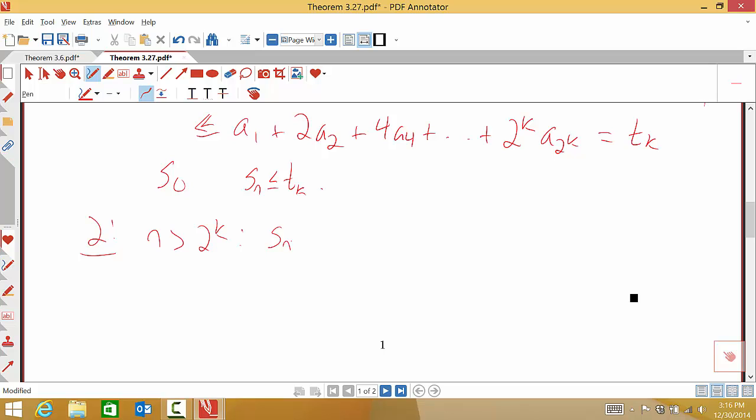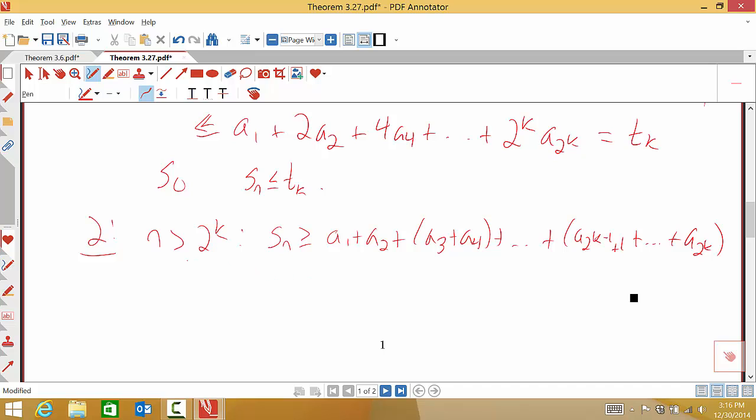My S sub n has got to be greater than or equal to, I'll have A1 plus A2 plus A3 plus A4 plus, let's just keep going, plus dot dot dot, A sub 2 to the k minus 1 plus 1 plus dot dot dot up to A sub 2 to the k. So I'm grouping them again suggestively so I can pair them up.